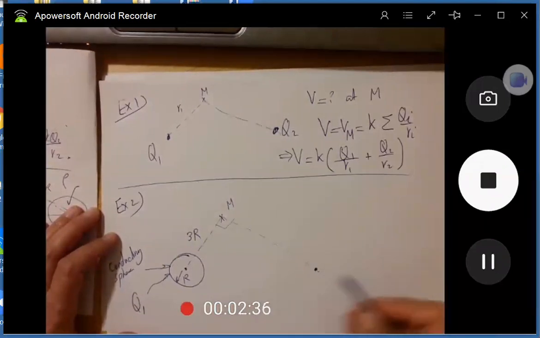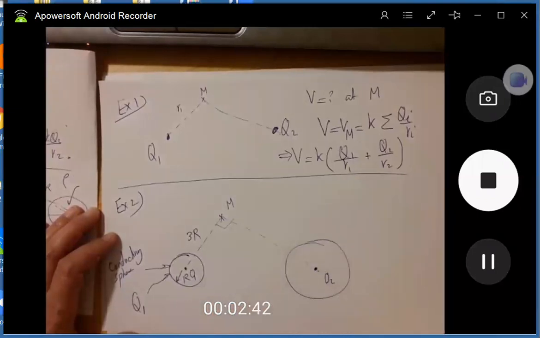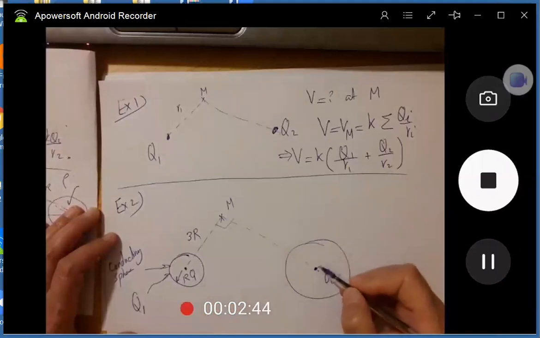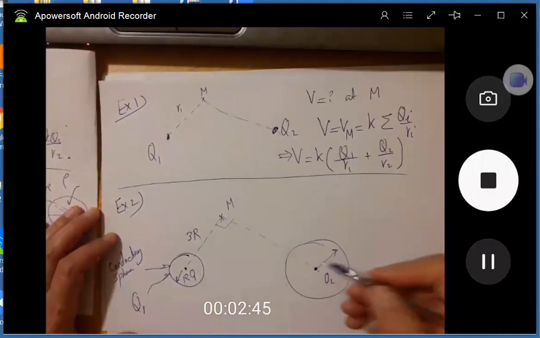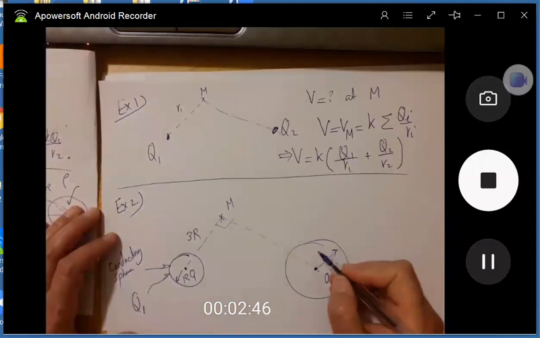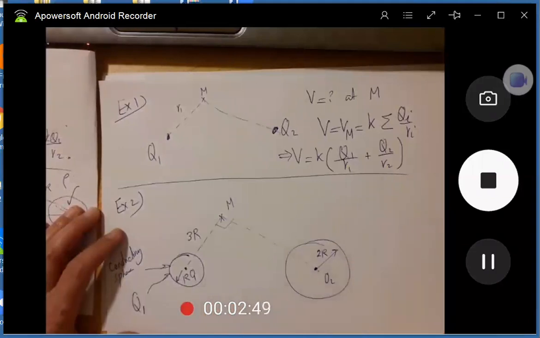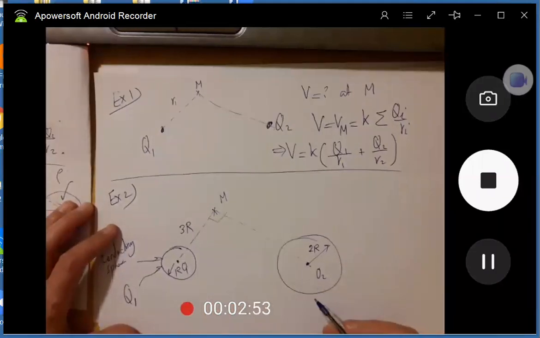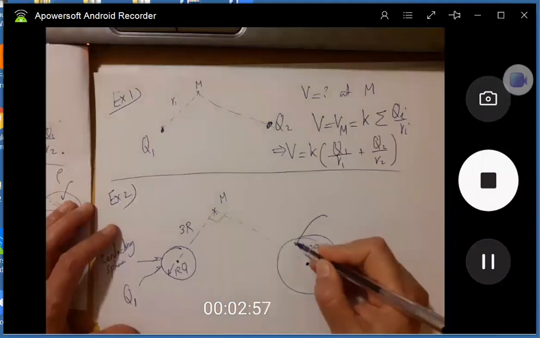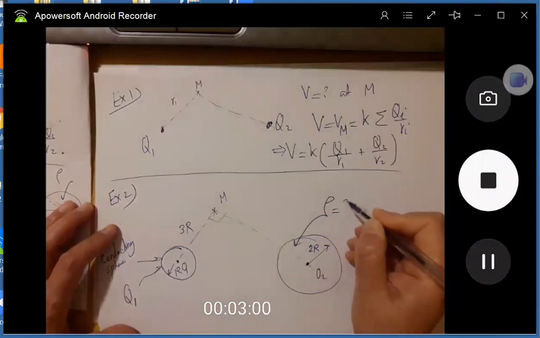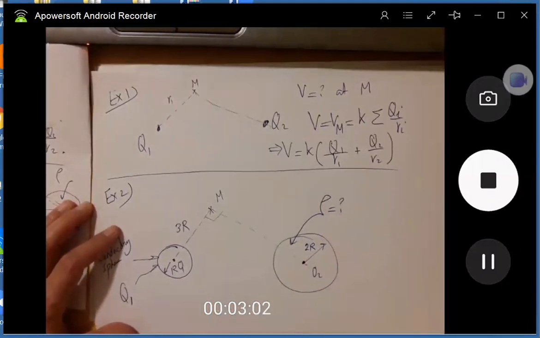This is center 1 and this is center 2 of another sphere, of radius 2R, and this is an insulator, charged by rho, which is unknown.